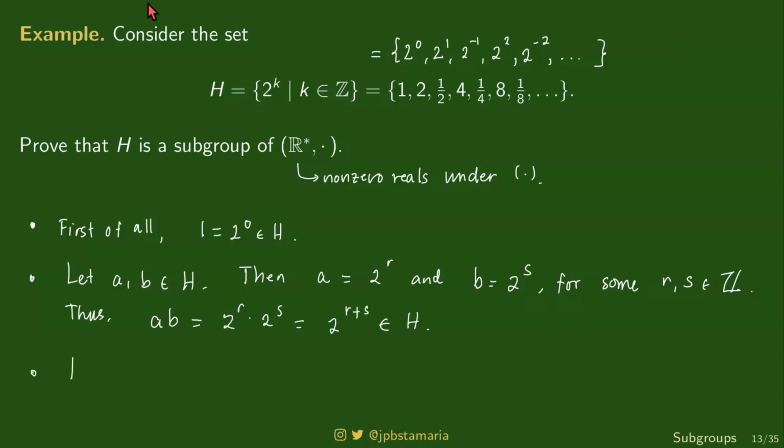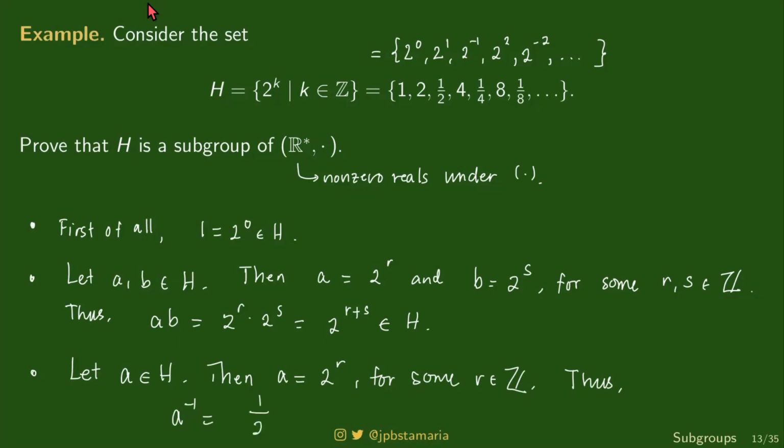Last but not the least, closure for inverses. Take any element A in H. Then again, A being an element of H means A is a power of 2 for some R in Z. Thus, if I now take the inverse, ang inverse natin dito ay reciprocal talaga, di ba? Kasi multiplication.